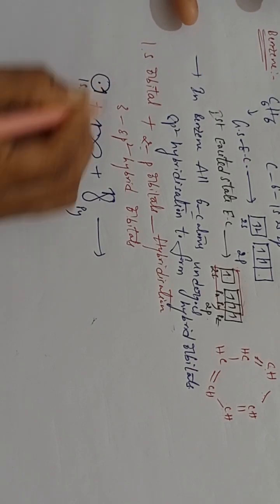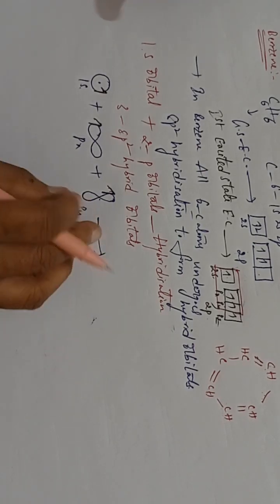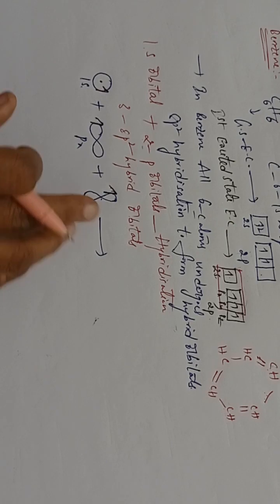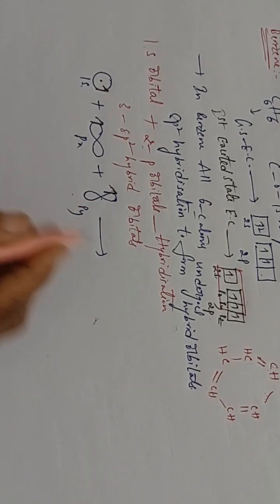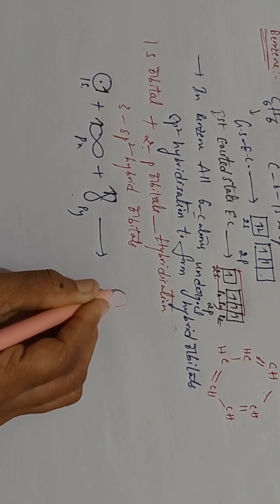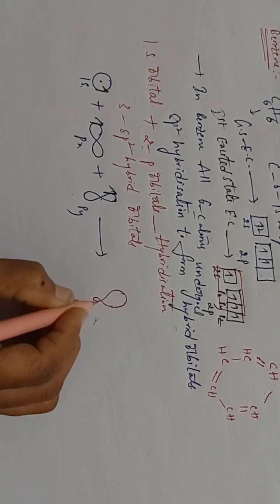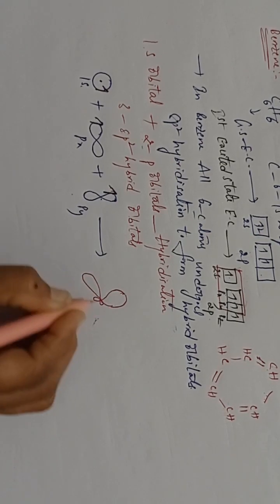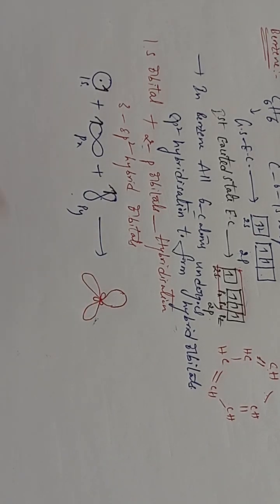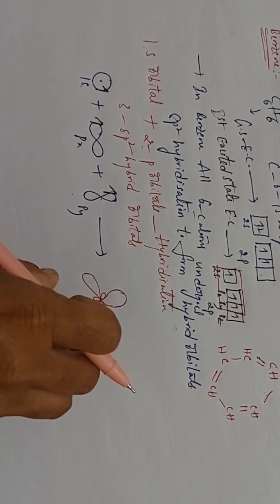Now total how many orbitals? 1, 2, 3, so you get 3 sp2 hybridized orbitals. This is one sp2 hybridized orbital, this is the second, this is the third. Total 3 sp2 hybrid orbitals are formed.